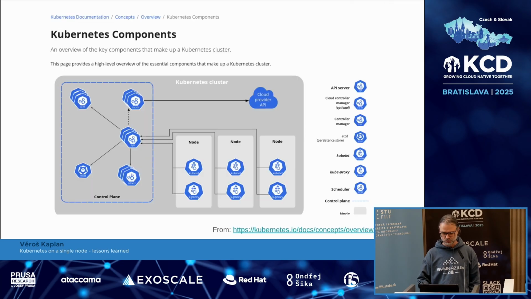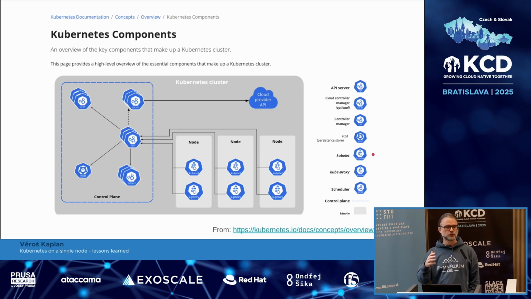As you probably know, Kubernetes has some components. It has a control plane. It can run on some nodes. You can use cluster API, cloud provider API, or not in current Kubernetes. It has a lot of components, a lot of moving parts, and so on.